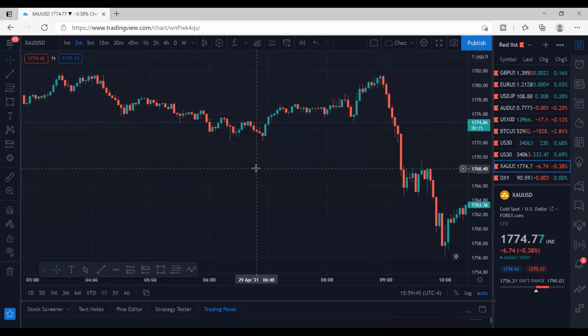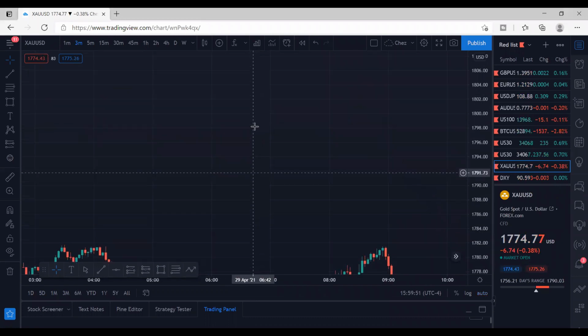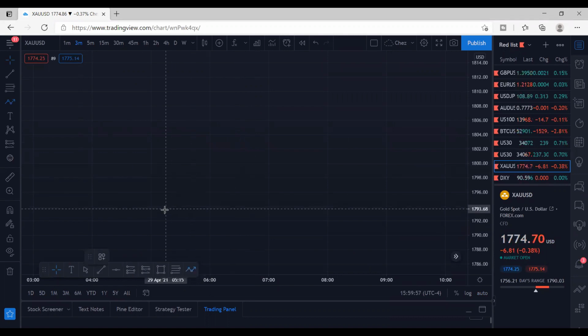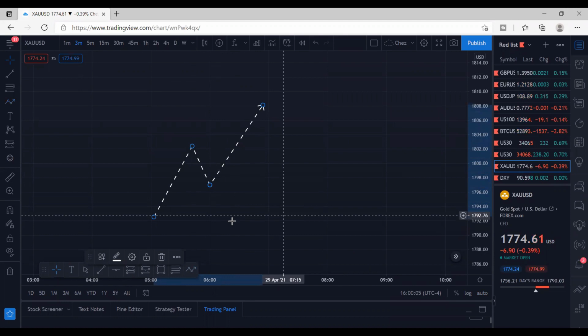Now, in terms of other ways you can look to get involved using order blocks, here you go. Say for example, price is pushing down, pushing up, price comes down, and then pushes up. You do not have any kind of consolidation here. You just get a nice clean push up.